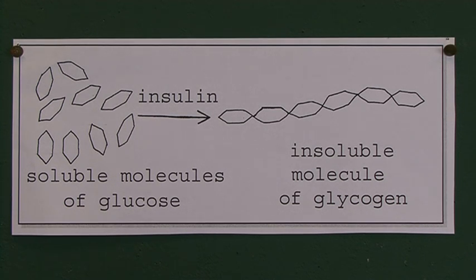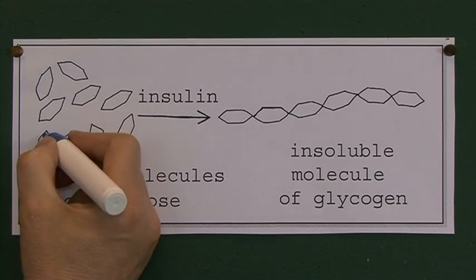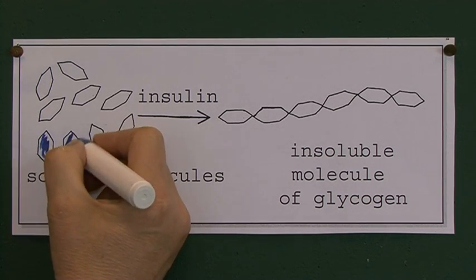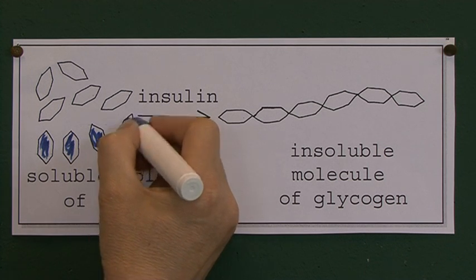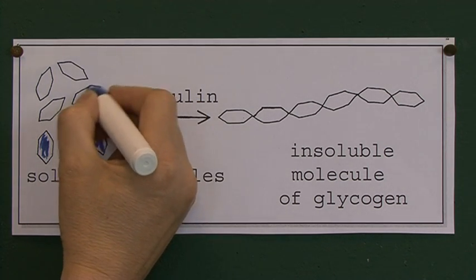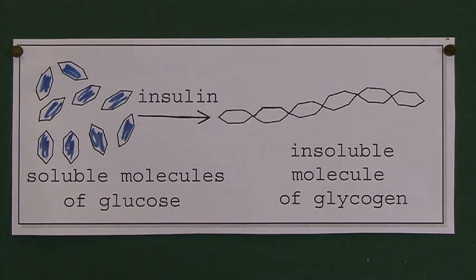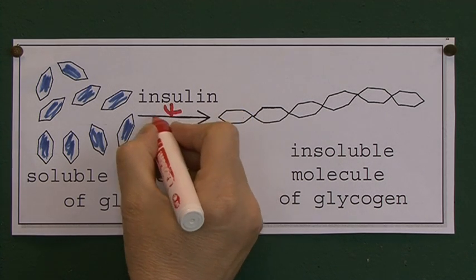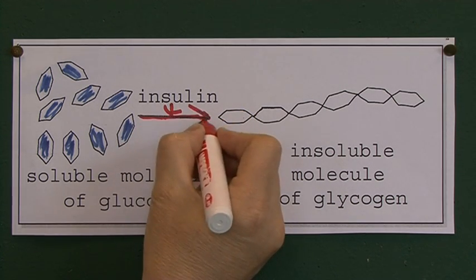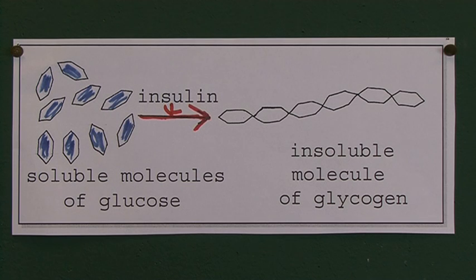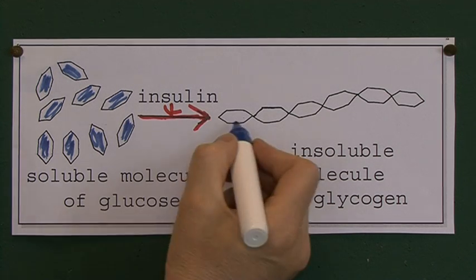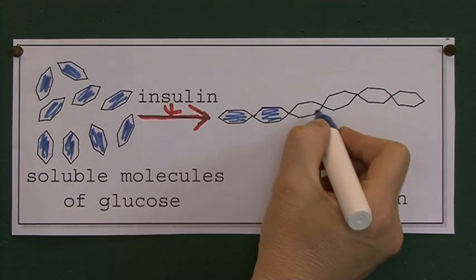So this diagram is indicating the action of insulin. Here we've got lots of individual soluble glucose molecules in the blood and tissue fluid. And when they're acted on by insulin, the insulin will convert the individual glucose molecules into a long chain of molecules.